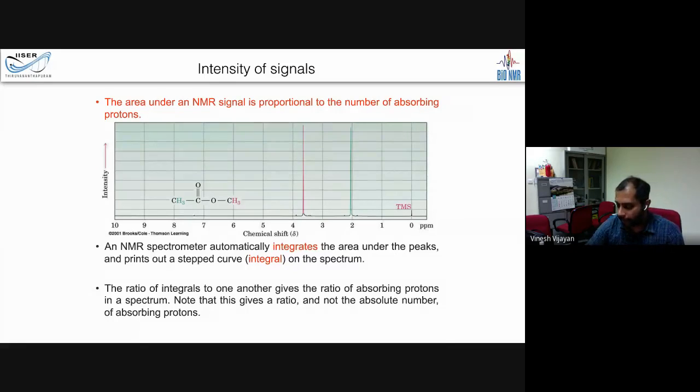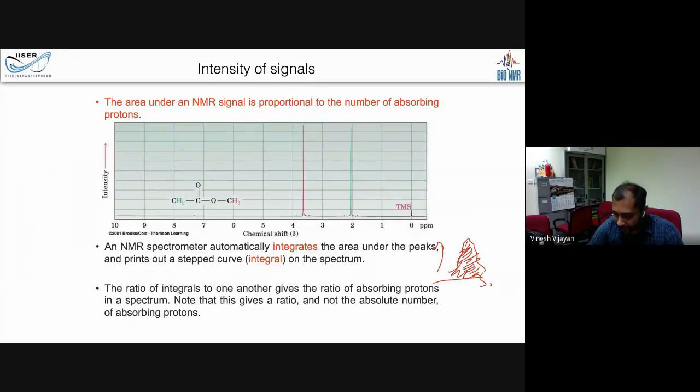Now, what can we say about the intensity? Intensity, what we do is the area under the curve. This is a signal, right? We integrate. That means we take the area under the curve. That is proportional to the number of absorbing protons.